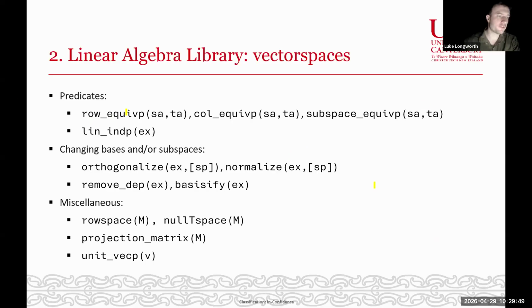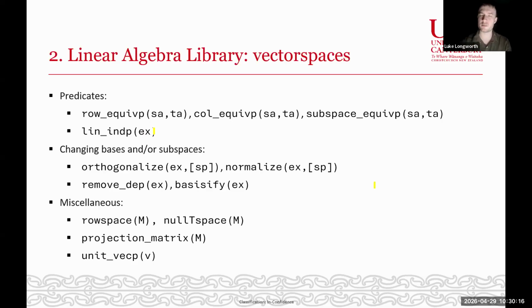But yes, so we have these equivalent functions, row equiv and col equiv for matrices, and then subspace equiv, which is quite nice. That one works if you give it a list of vectors. Then you can check whether the span of these two different lists of vectors are equivalent. There's also lin int p, which checks whether a given list of vectors is linearly independent.